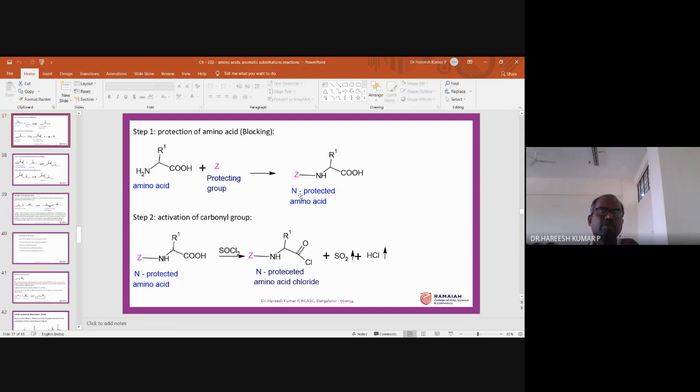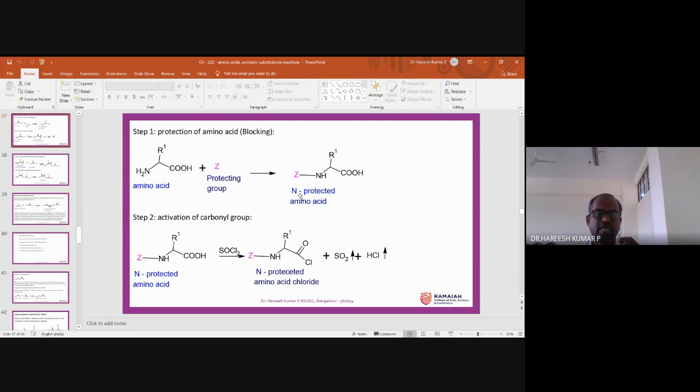In order to prevent the amino group from interacting with the carboxylic group of the other amino acid, one should protect the amino group. After protecting, it is possible to get the desired product.